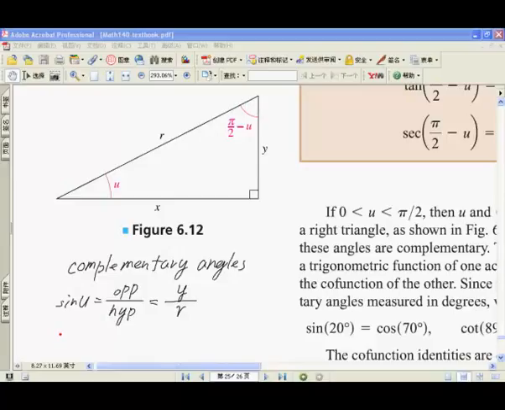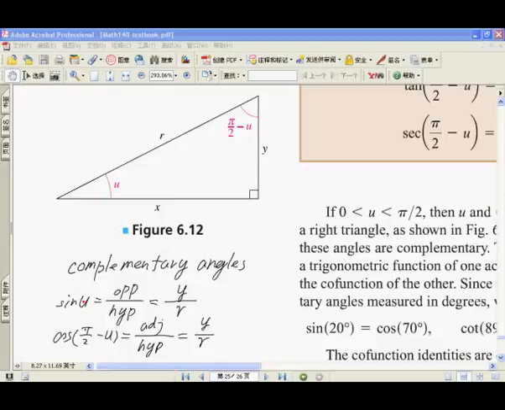Now, how about the cosine of the half pi minus u? So cosine of half pi minus u is equal to adjacent over the hypotenuse. But for this half pi minus u, adjacent is equal to y, right? So you still have y over r.